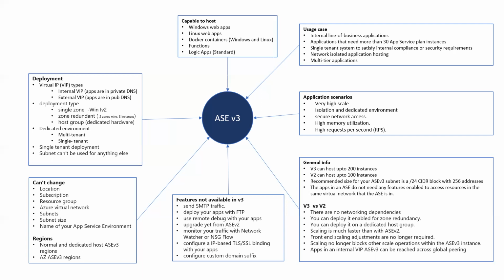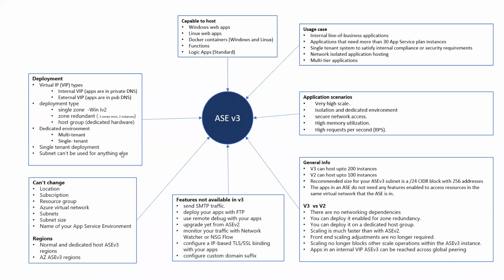In the single tenant, your virtual network is injected. That means your App Service Environment is sitting completely within the secure boundary of the virtual network you have created as part of the App Service Environment.